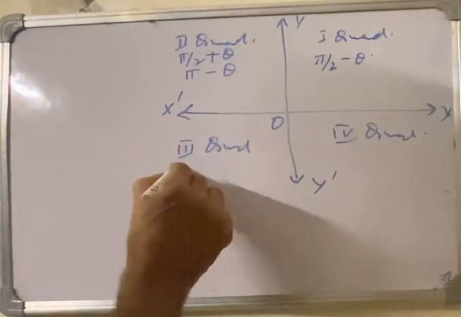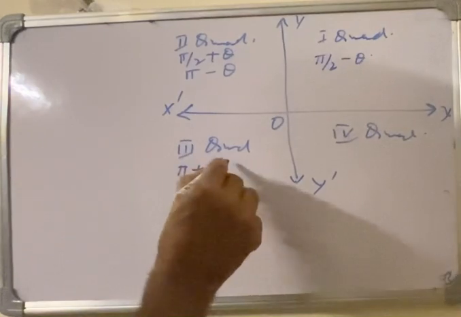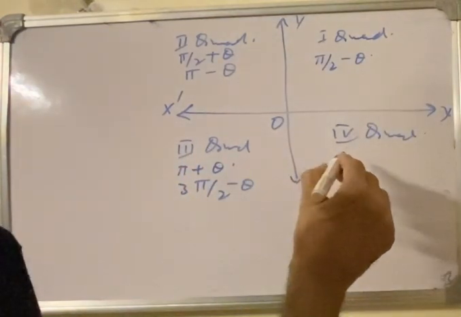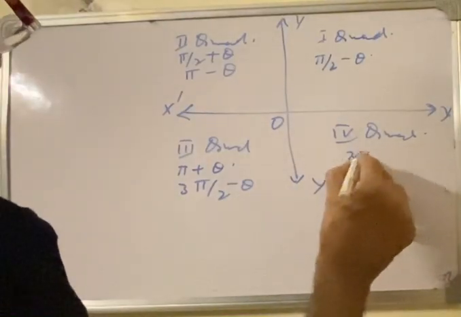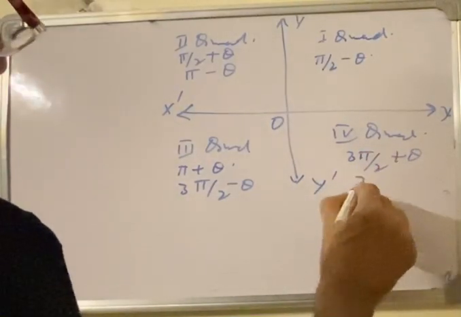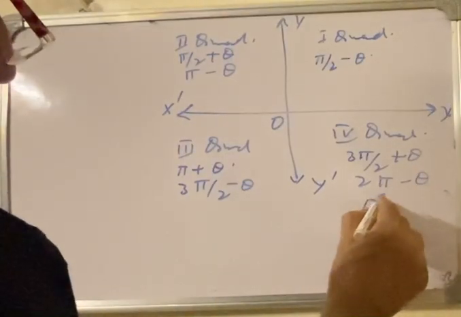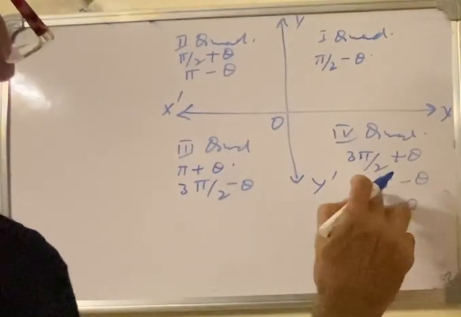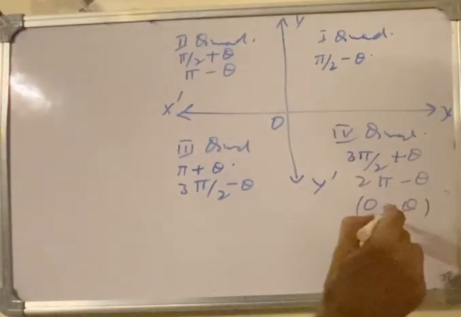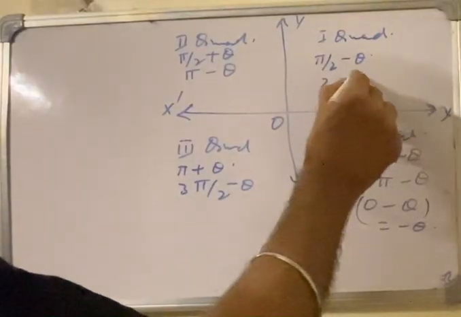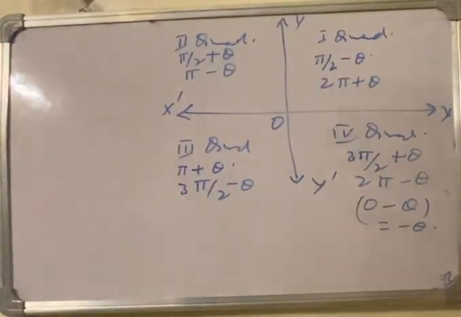Similarly, in the third quadrant is pi plus theta, 3 pi by 2 minus theta. In the fourth quadrant is 3 pi by 2 plus theta, 2 pi minus theta, and also 0 degree minus theta, that is minus theta. Similarly, 2 pi plus theta lies in first quadrant. So we shall take all these values.